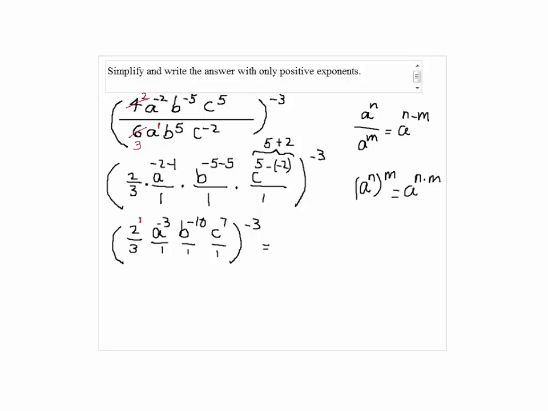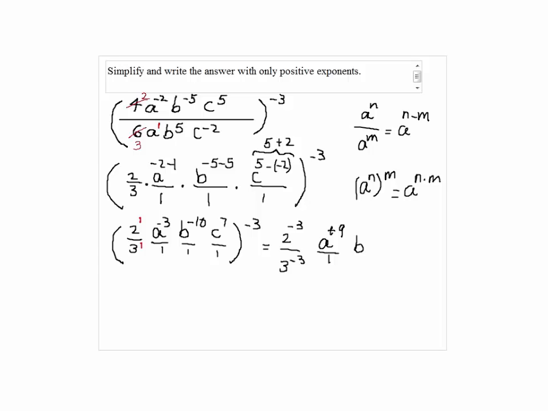So if I do that now, as you remember, a to the power of n to the power of m is equal to a to the power of n times m. And the exponents for 2 and 1 both are 1 here. So I would get 2 to the power of 1 to the power of negative 3 would be 2 to the power of negative 3. 3 to the power of negative 3.